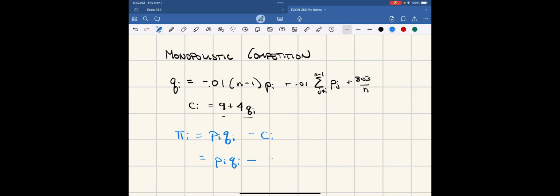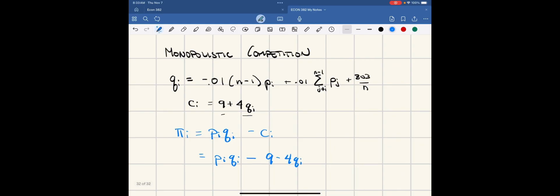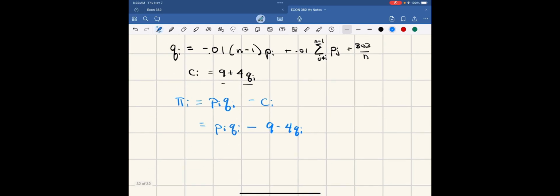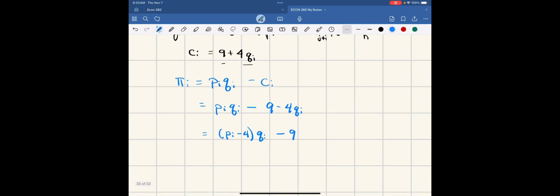And so now we're going to do minus 9 minus 4q_i. The reason I write it out this way is I can collect like terms, and now I get (p_i minus 4) times q_i minus 9. So I get price minus marginal cost times quantity minus 9. And now I can substitute in for q_i.